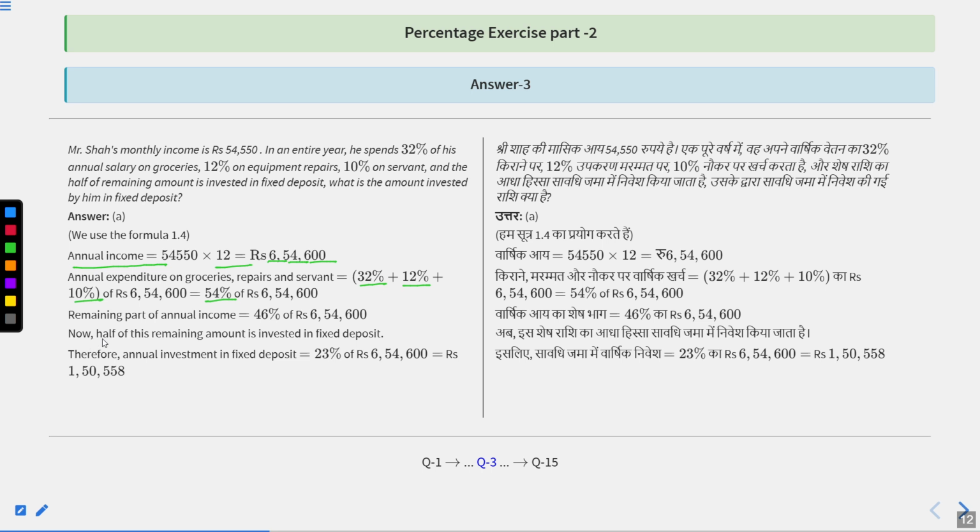So now the remaining part of the annual income will be 46%. Now half of this remaining amount is invested in fixed deposit. So therefore annual investment in fixed deposit is 23% of the 6,54,600. So it will be 1,50,558. This is your answer. Okay. Next one.